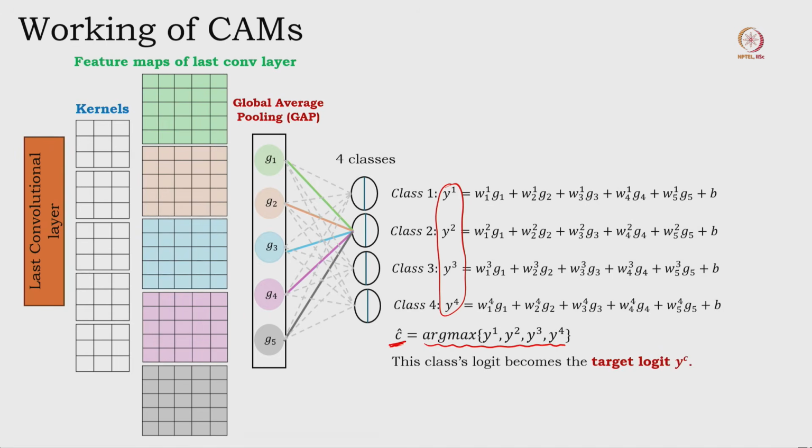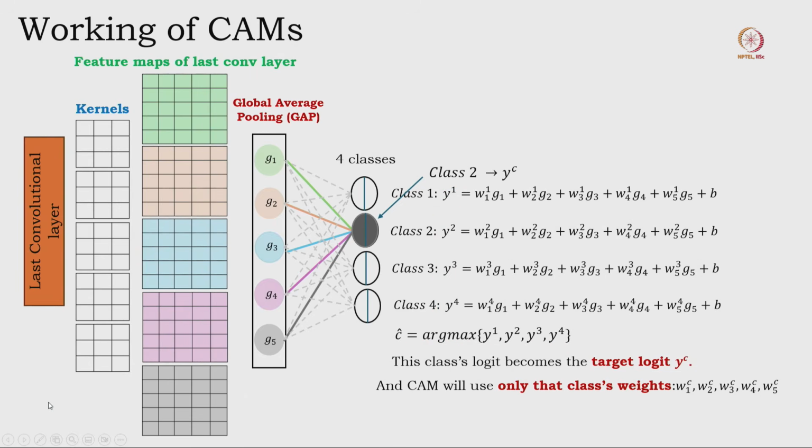That predicted class score you will take as YC. That is, if this is the class that the model has predicted, you will take this value. This is what YC is. So, if for that particular input the model has predicted this class, what are the weights that are associated with it?